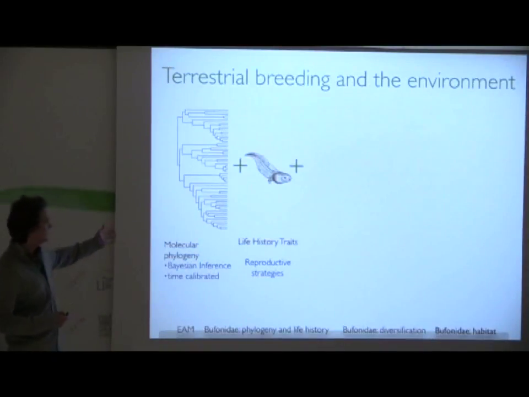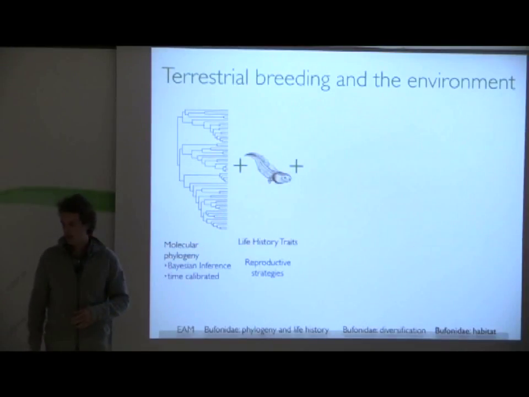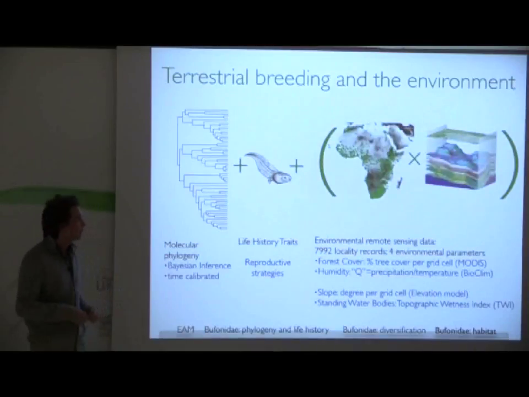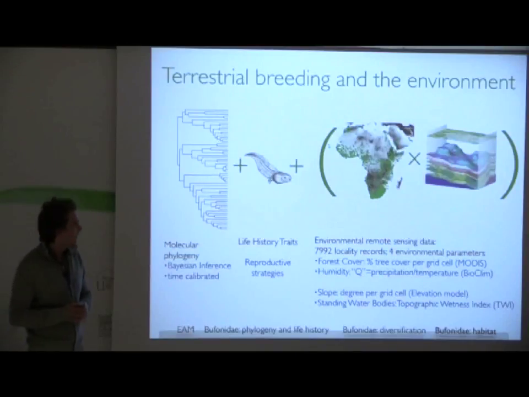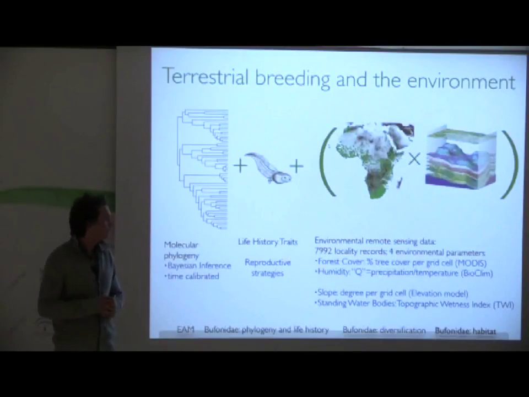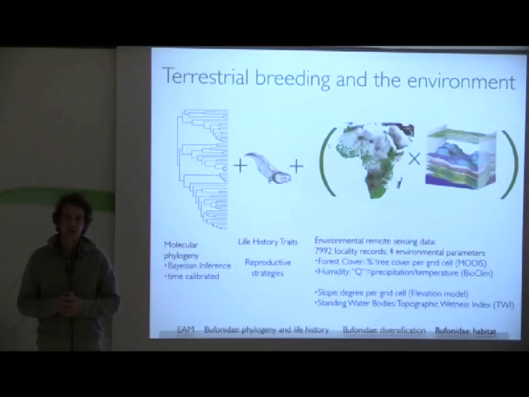So we had our phylogeny, we had our life history traits, this time reproductive strategies, and to that we added rigorous environmental data. So what we did was we vetted close to 8,000 locality records, and for those we extracted 4 environmental parameters. Those were obtained from remote sensing data.